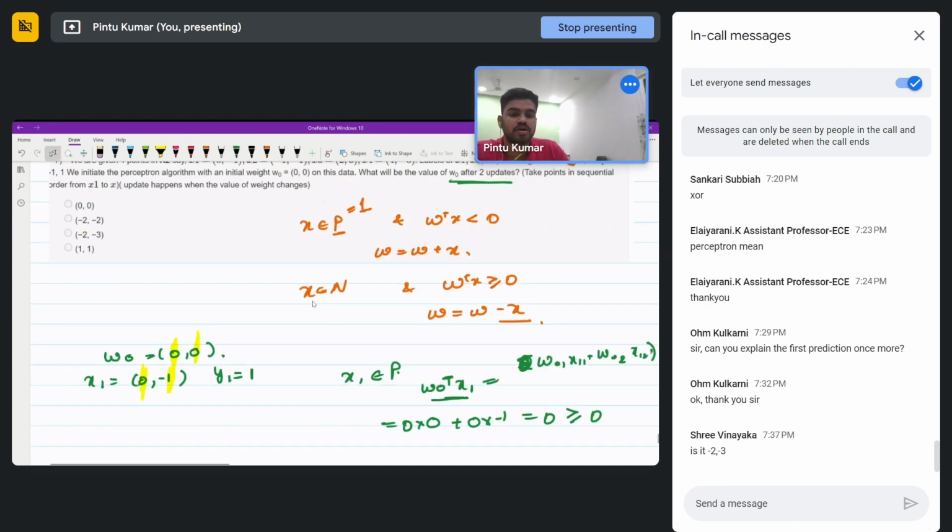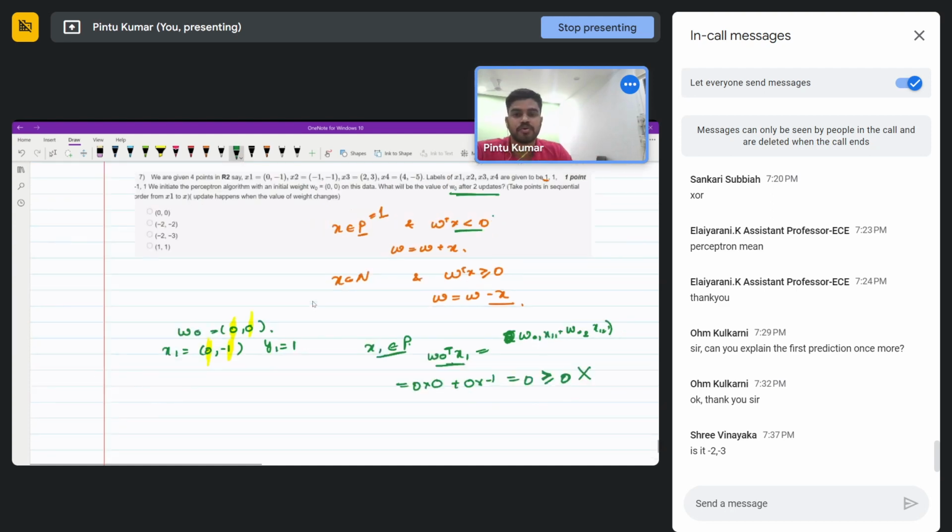Because my x was from P and this condition is not satisfied, since my W transpose x is greater than or equal to 0 and here we needed W transpose x less than 0, we need not make any change. We will just continue with the current W naught.